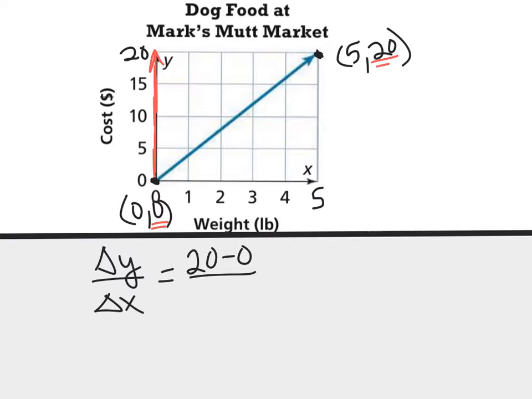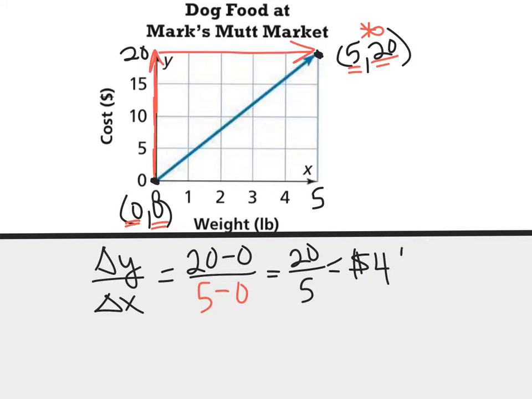And then the change in x, we look how far we're going over. We're going from 0 to 5. So keeping the same order, we do 5 minus 0, which would be 5. Then we divide 20 by 5. So that's 4, which means $4 per pound. As we suspected, that is more than the other one, which was $3 per pound. So the lower price per pound would be at Pat's Pet Palace.